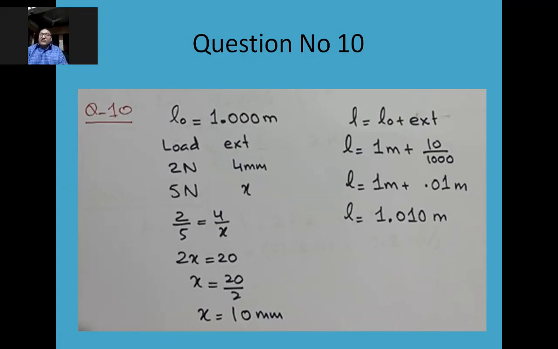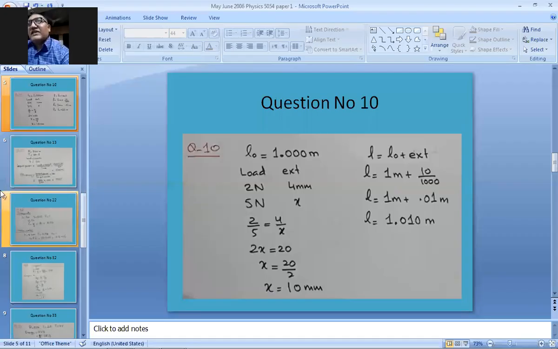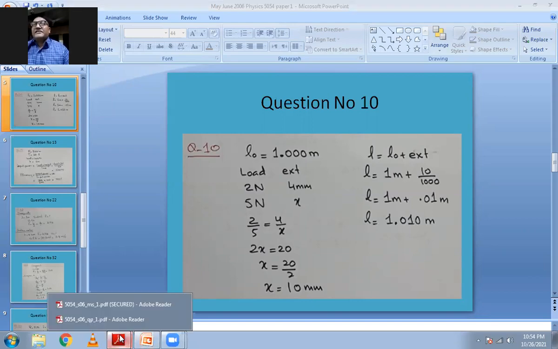So that will be 10 divided by 1,000, and that will be 0.01 meter. So 1 meter plus 0.01 meter will be 1.010 meter. So the new length will be 1.010 meter. So let's check the answer.